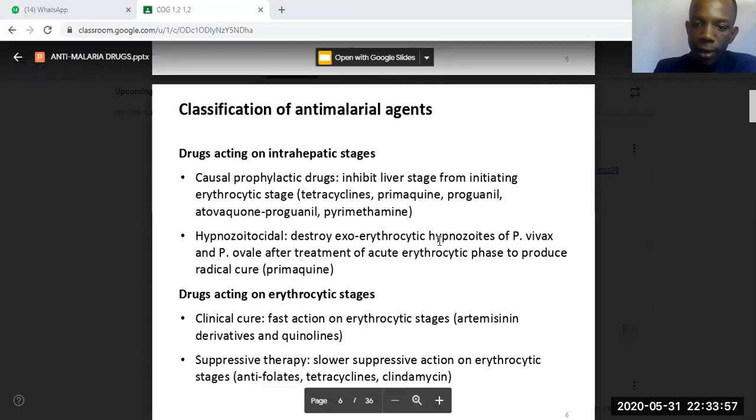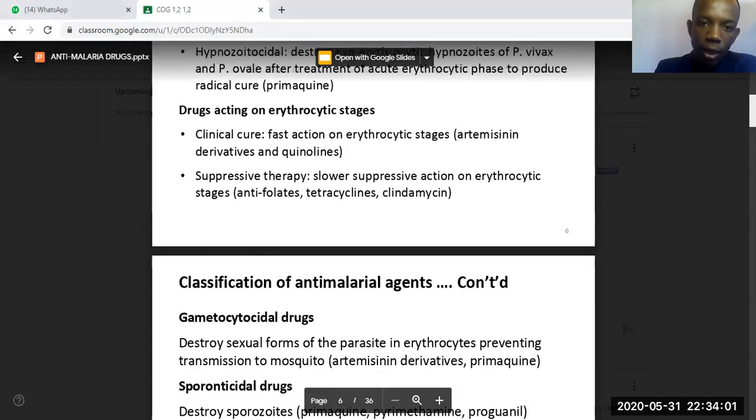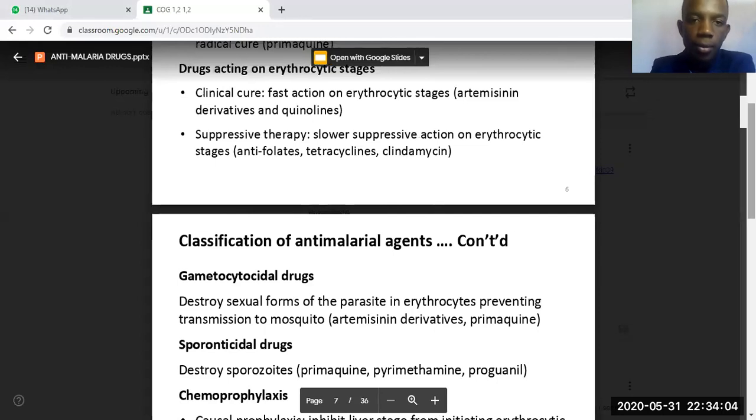Then we also have another class of drugs which we are calling drugs that act on the erythrocytic stages, the stage where the merozoites are attacking the red blood cells. These drugs are used for clinical cure. They have a fast action on the erythrocytic stages, so they are going to prevent the process where the merozoites infect the red blood cells and then rupture those red blood cells, giving us the clinical signs and symptoms.